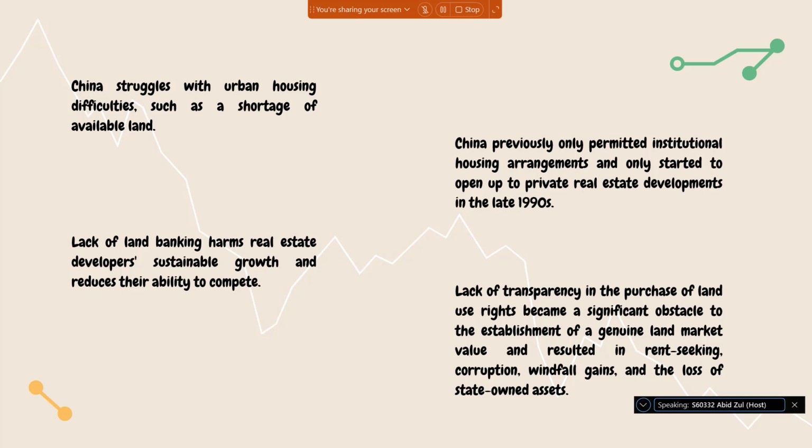Lack of land banking harms real estate developers' sustainable growth and reduces their ability to compete. And the last problem statement is that lack of transparency in the purchase of land use rights becomes a significant obstacle to the establishment of a genuine land market value and results in rent seeking, corruption, windfall gains, and the loss of state-owned assets.